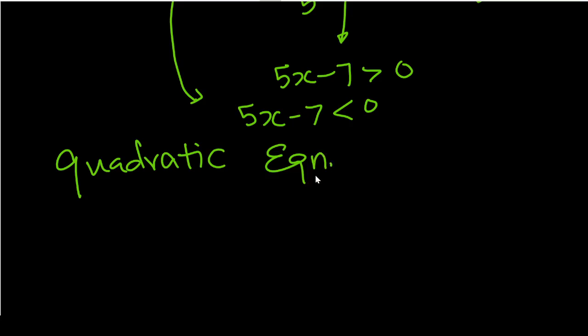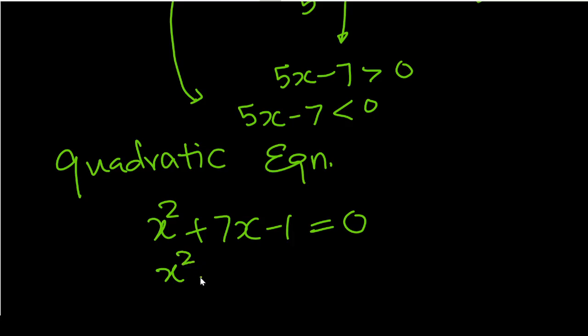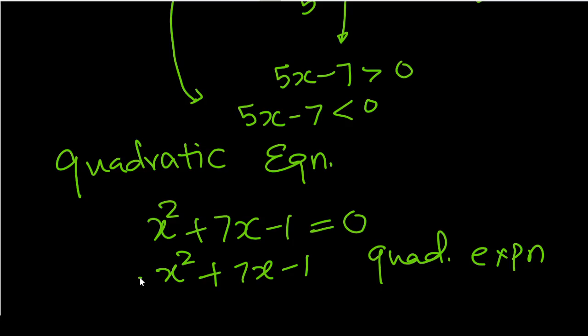Like x square plus 7x minus 1, if I equate it to 0, this becomes an equation. If I simply write it like this, this is a quadratic expression, guys. I can name this quadratic expression as f(x), g(x) and so on.